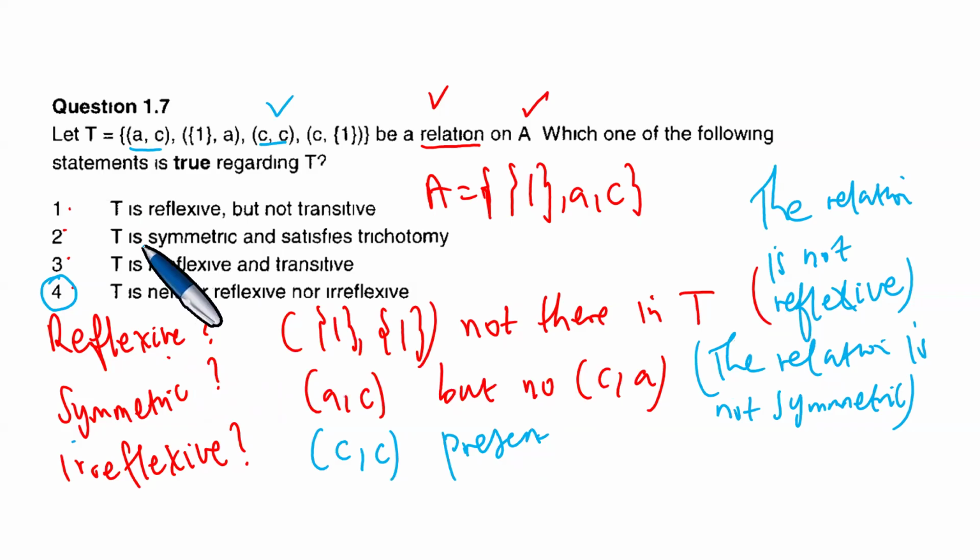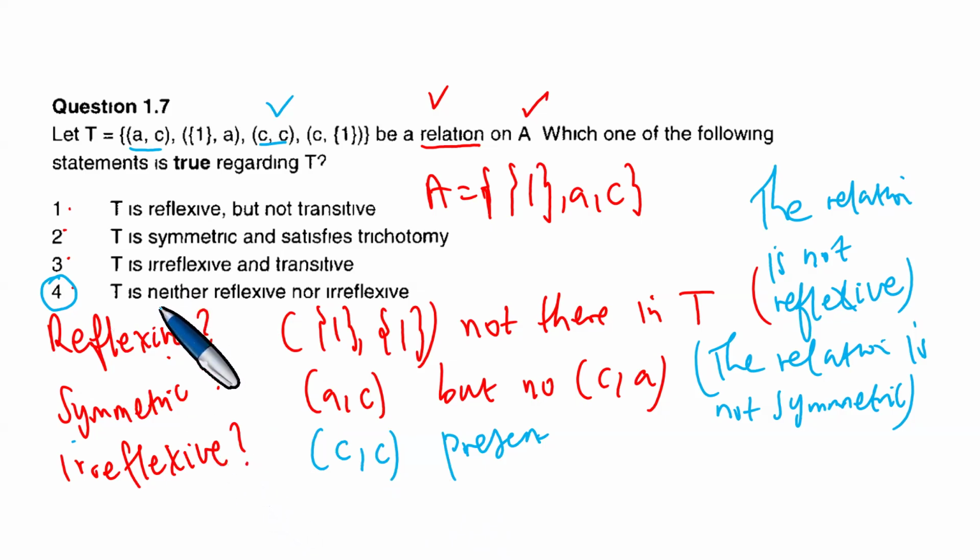The second one says it is symmetric, but surely it is not. The next one claims that it is irreflexive. So the correct option will have to be the one that says it is neither reflexive nor irreflexive. As much as CC is present, we would need more elements.